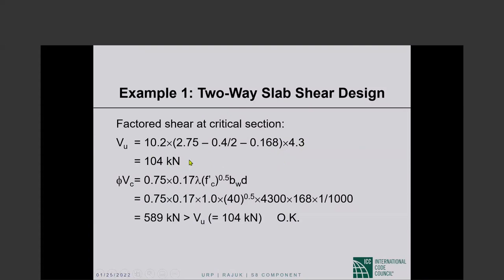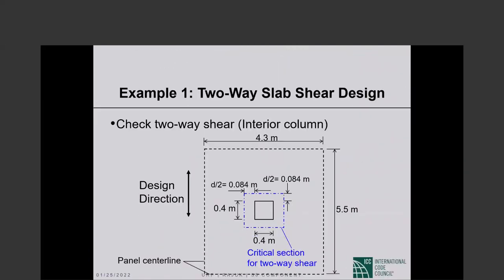That gives us 104 kilonewtons of shear. Phi times V sub c, once again, is 2 square root of f sub c prime. That comes to 589. We are obviously well over the 104, so everything is good.